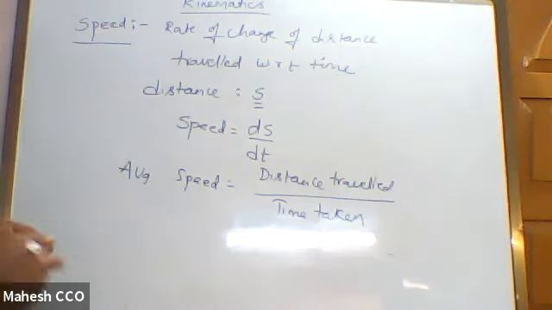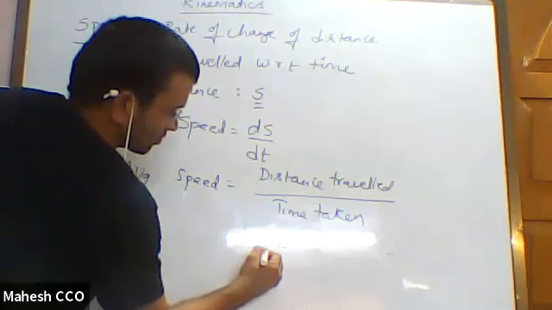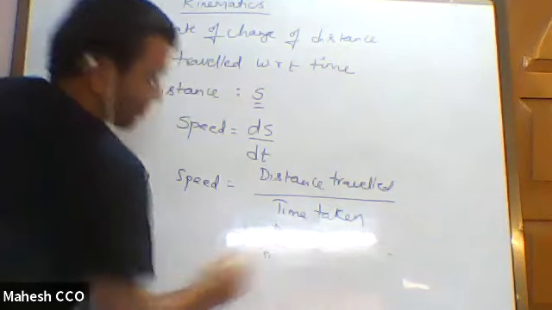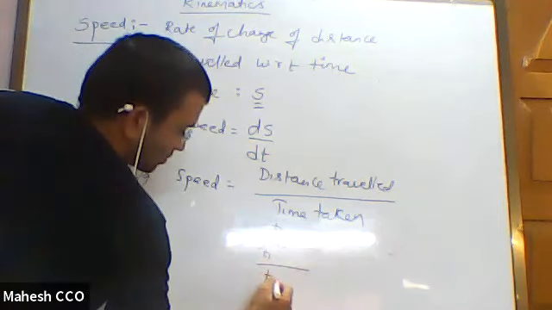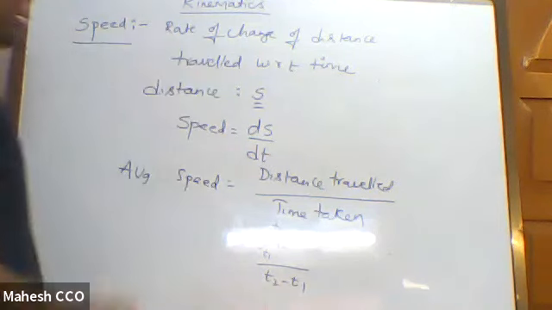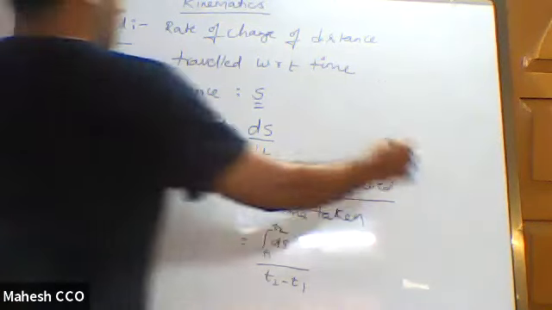The mathematical definition of average speed would be integral ds from T1 to T2 divided by T2 minus T1. Our average speed I will write here.